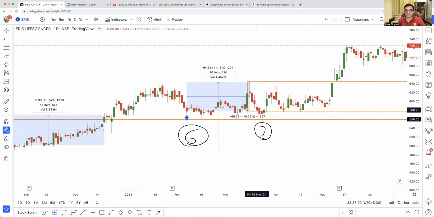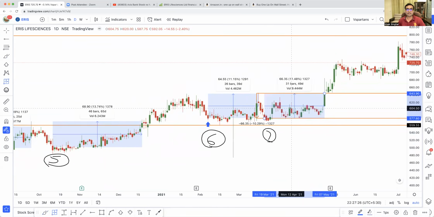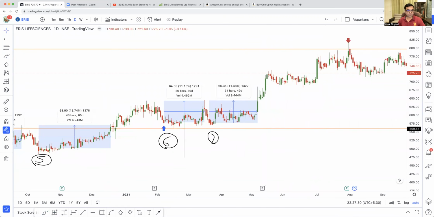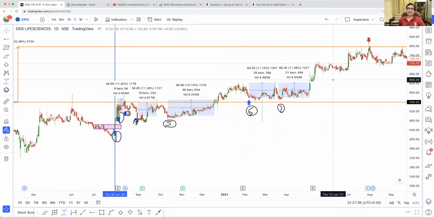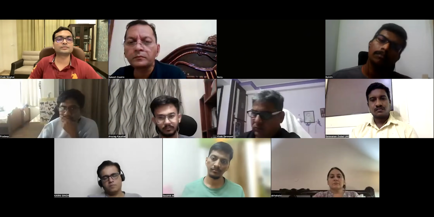And the target is achieved in 49 days. 11% gain in 49 days. Okay. If there is a 10% fall again, let's see. No. And the final target is also achieved. So during this period, we took 6 trades based on V10 and 1 trade based on cup with handle pattern.